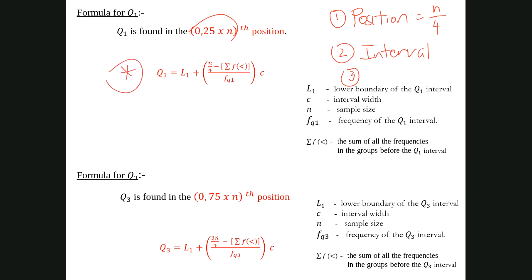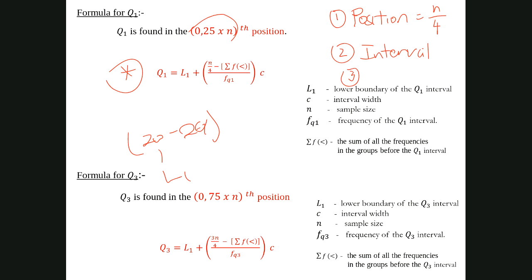So the formula says, remember L1 stands for your lower limit or your lower boundary of your interval. So if the interval is, let's say, 20 till 29, 20 is your L1, it's your lower limit.